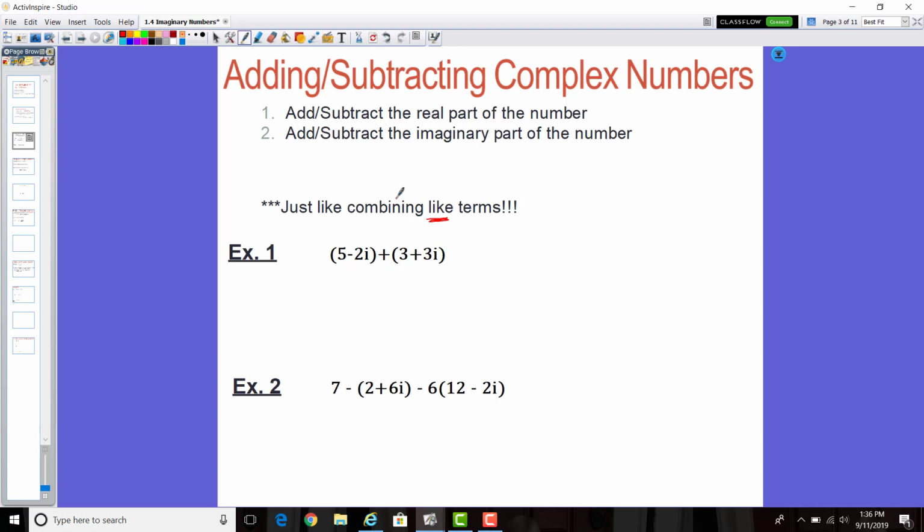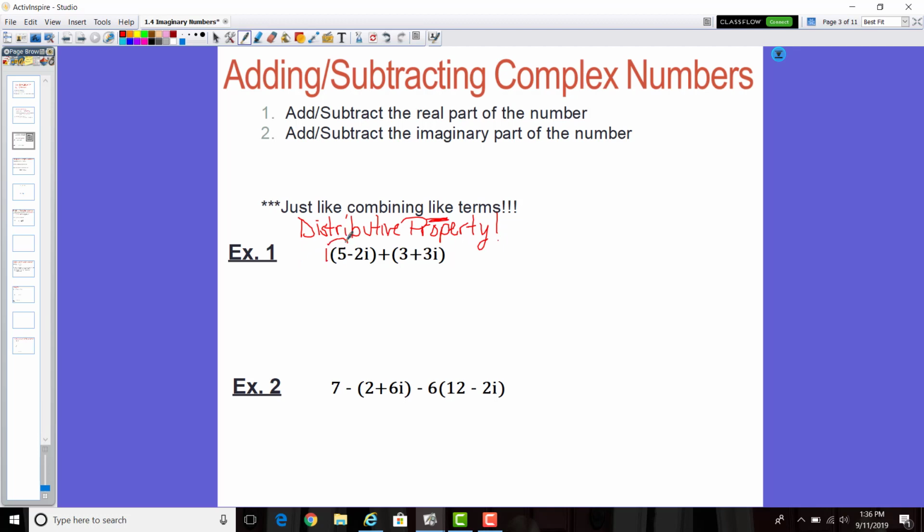It can't do anything. You can't combine anything in here with anything in here until those parentheses are gone. The only way to get rid of parentheses is to use the distributive property. So we are going to always distribute to get rid of any parentheses, no matter what we're working with.